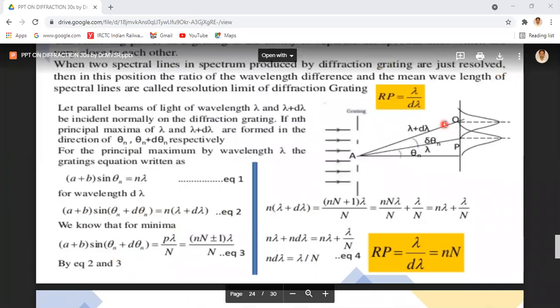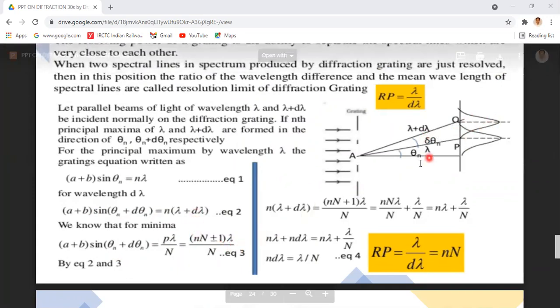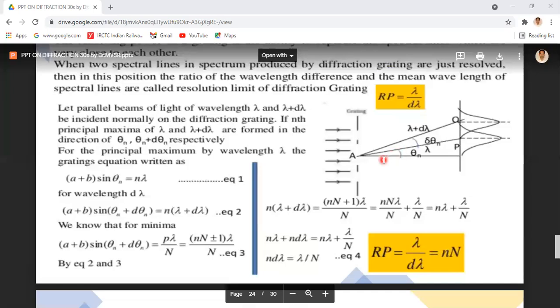The central maximum of lambda plus d lambda is equation 2, but equation 3 represents the first minimum of lambda in the direction of lambda plus d lambda n, that is, in the direction of theta n plus d theta n. So that's why we are taking this equation.